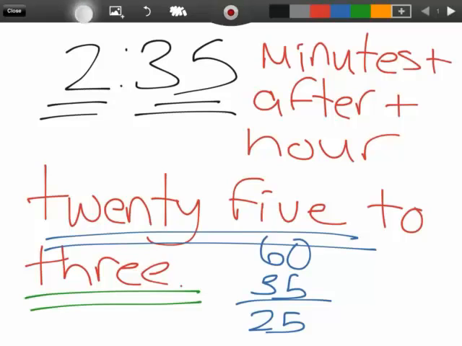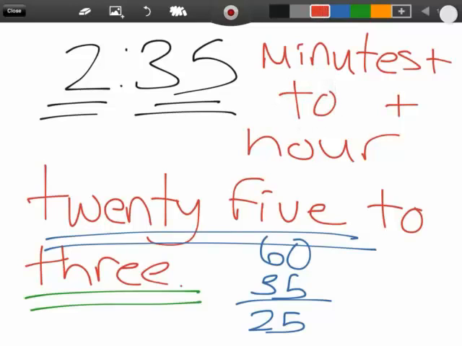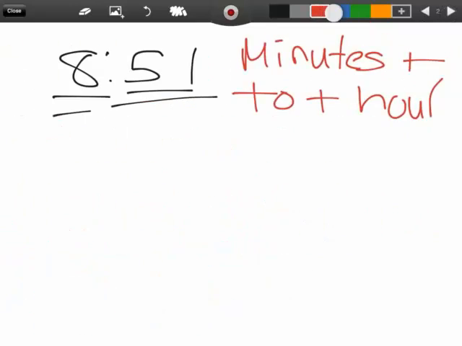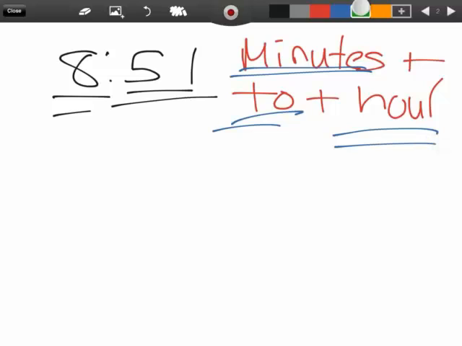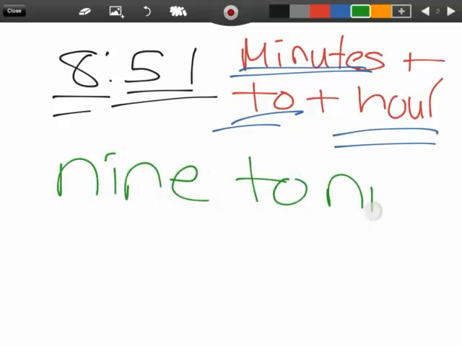I made a mistake here, guys, sorry about that. It was supposed to be to. That's my fault. Right, so it's minutes plus to plus hour. So if I wanted to write this out, I would say 9 to 9, which means there are 9 minutes left to 9 o'clock.